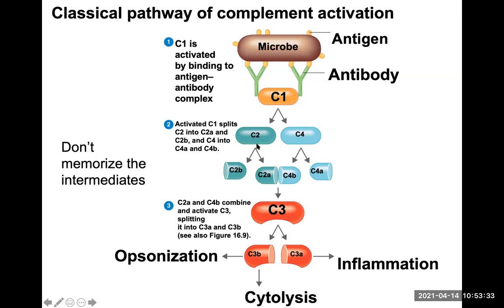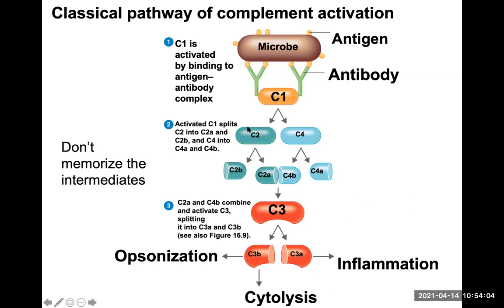Those will then split, and eventually those products will cause the C3 to split. And when C3 is split, you get increased phagocytosis, you get the formation of a special system that will cause direct killing, and you get an increase in inflammation. We'll look at these in a little bit more detail in a minute.